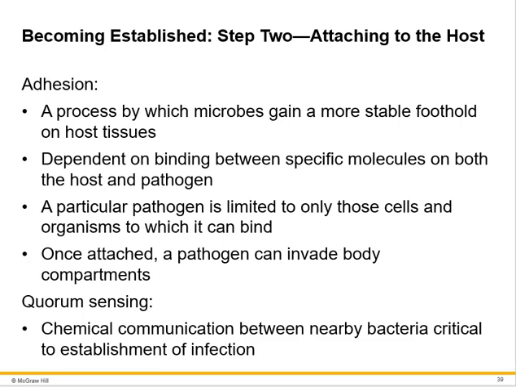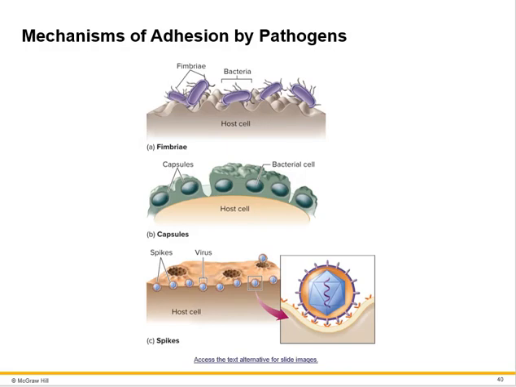Once they get a high enough number of microbes, a critical level, they can establish infection and start producing toxins. So the adhesion molecules like the fimbriae, capsules, that'd be another example, and then the spike proteins that adhere to a receptor on the membrane of the host tissue.